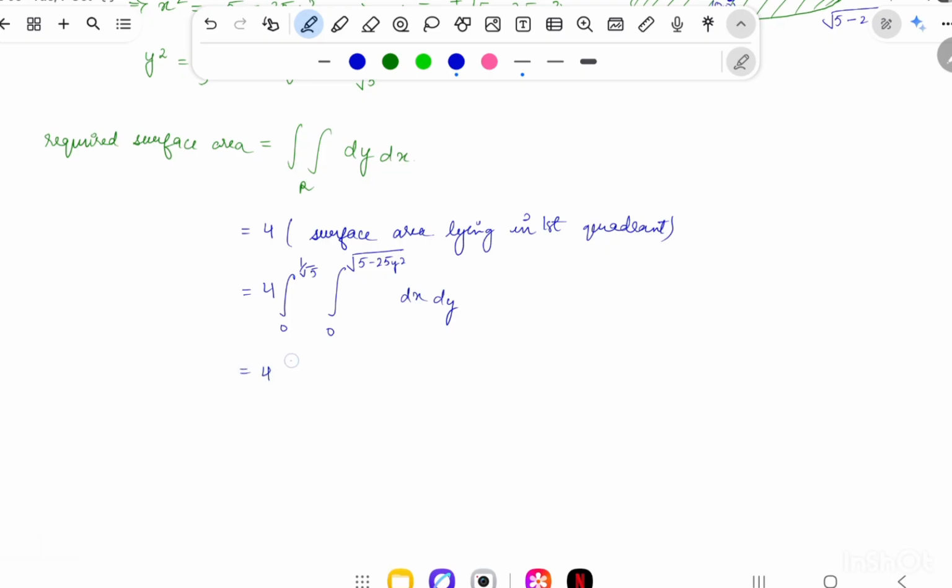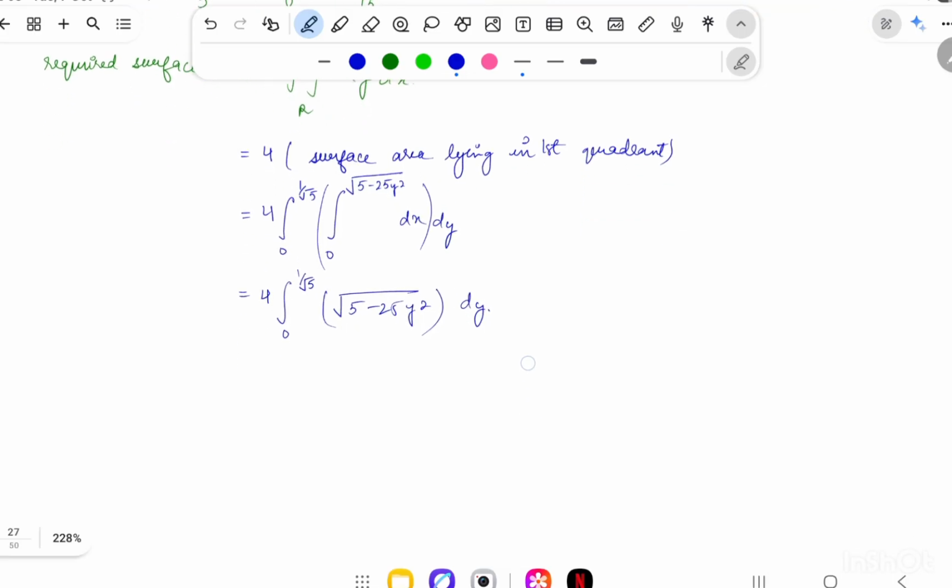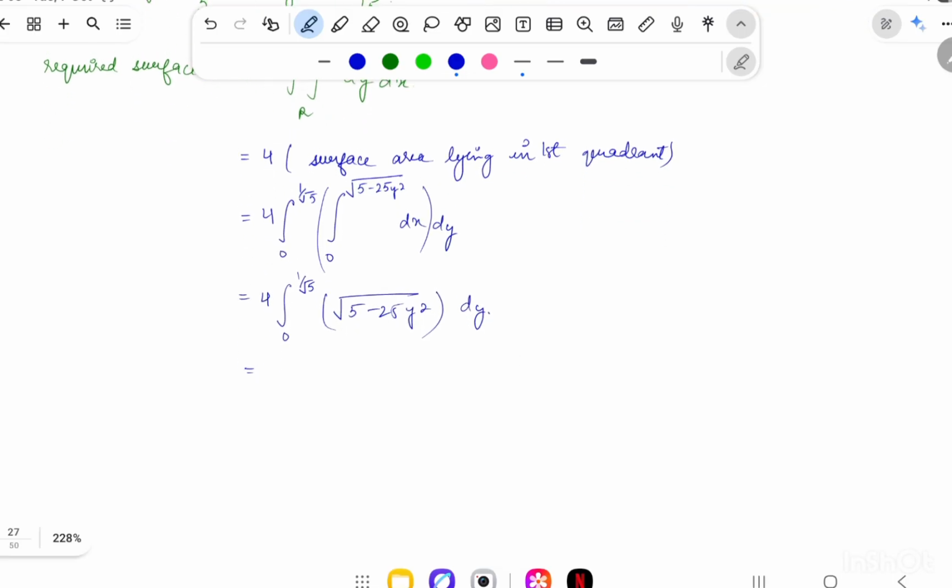So it will be 4 times the integration with respect to y, with limits from 0 to 1 by root 5. If I evaluate the inner integral, it gives under root 5 minus 25y square dy, which equals 4 times the integral from 0 to 1 by root 5 of the square root of 25 times (1 by 5 minus y square) dy.